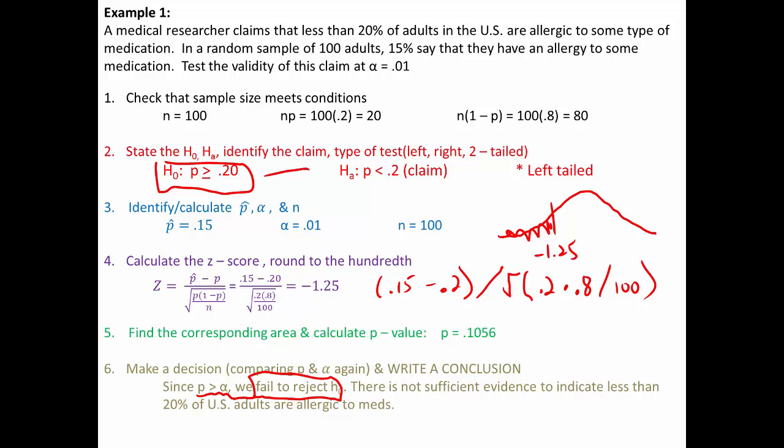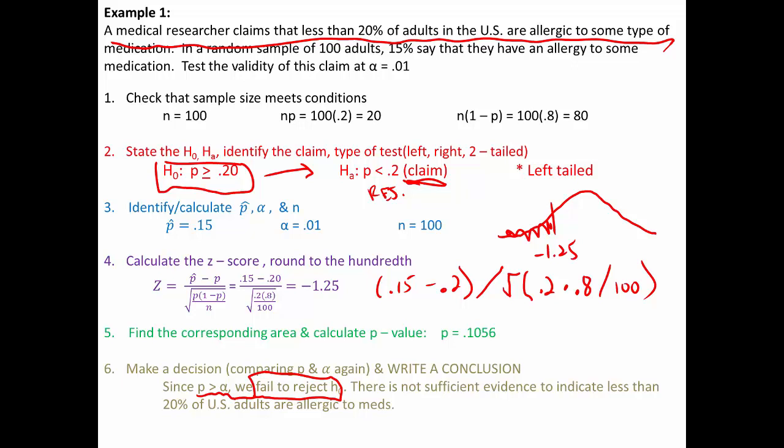So that means we could say this is a rejection of the claim, or there is not enough evidence to support the claim. So that is why we say at the end there is not enough evidence or not sufficient evidence to indicate this claim up here, which is what we're trying to make a decision on.